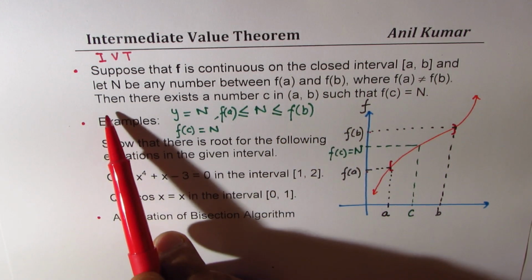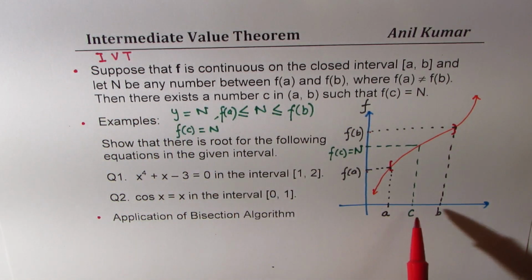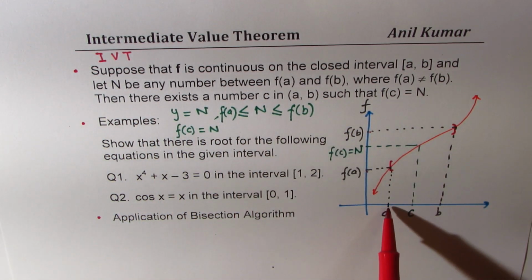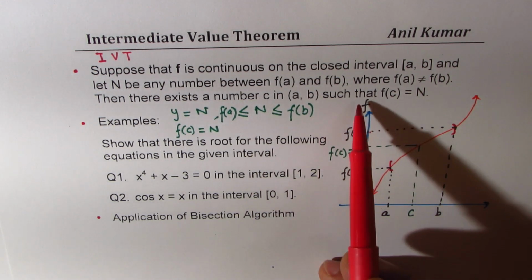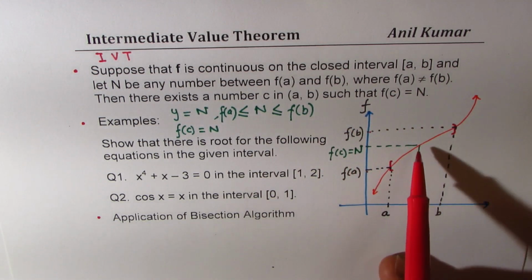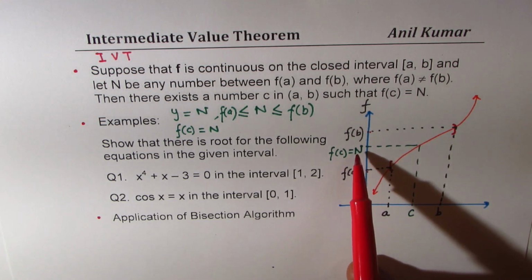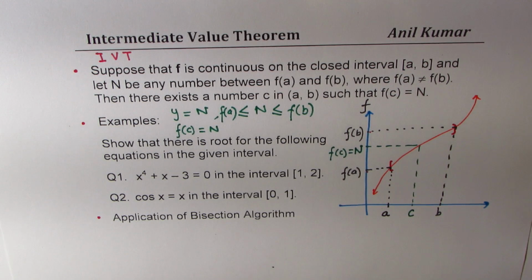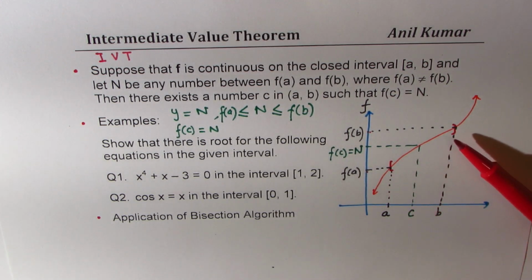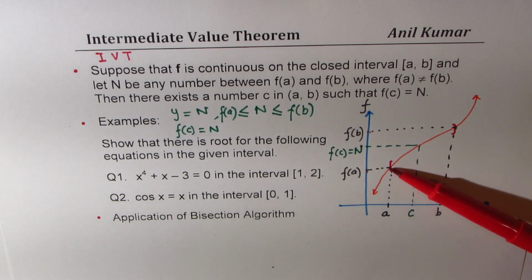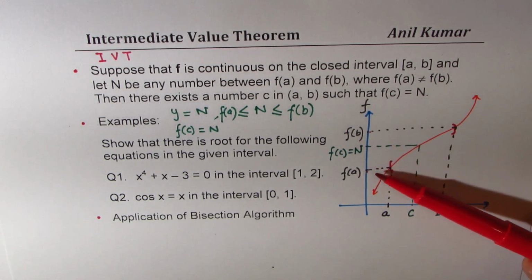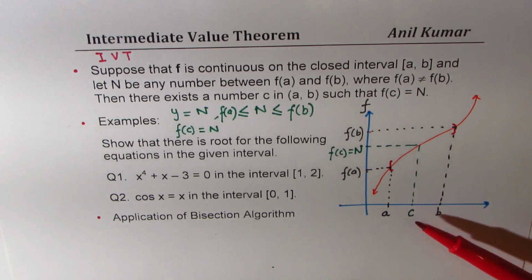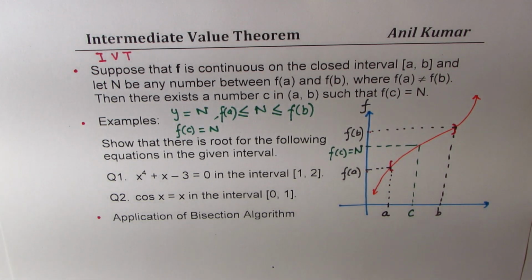Then there exists a number c in (a, b), in between a and b, x values, such that f of c is equal to n. Perfect. So it's kind of straightforward. If you see the graph, the function has to be continuous. So all the values between f(a) and f(b) will map to some c which is in between a and b. That's the other way of looking at it. Now I hope this concept is clear, and let's see how it could be applied to solve questions.